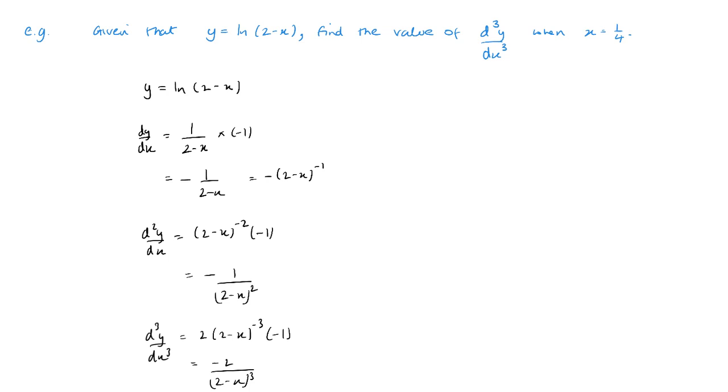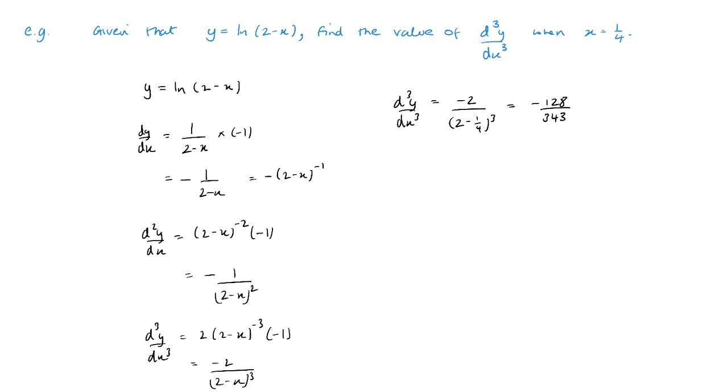Now we want the value when x equals 1/4. So d3y by dx cubed equals minus 2 over (2 minus 1/4) cubed, and this is minus 128 over 343. And that's it, very simple.